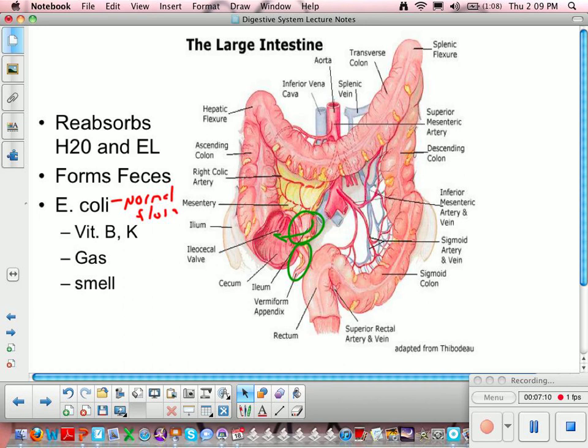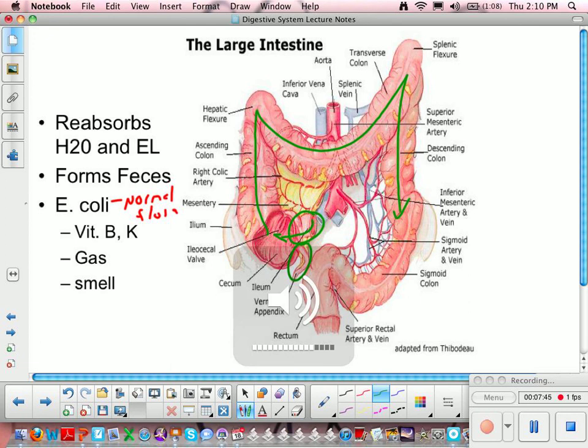So after periods of, say, diarrhea, or when we've just been generally sick, and that normal flora is reduced, especially the E. coli, our appendix is holding a reservoir of the normal flora, and it can regrow from in there. So that's a function. So once we pass through that ileocecal sphincter, we then move into the ascending, transverse, descending portion of the large intestine.